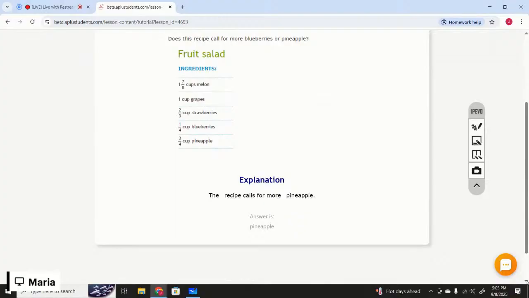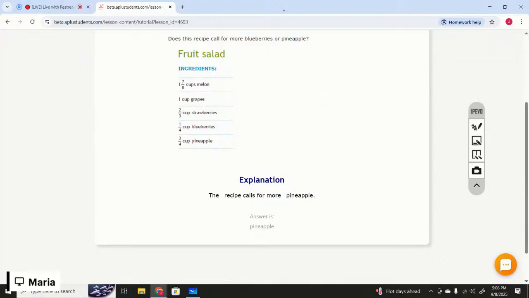Does this recipe call for more blueberries or pineapple?